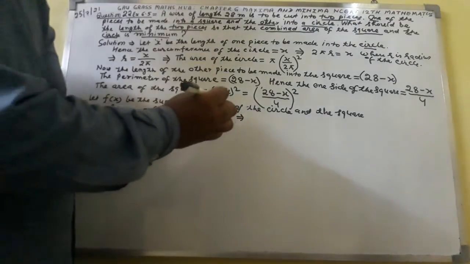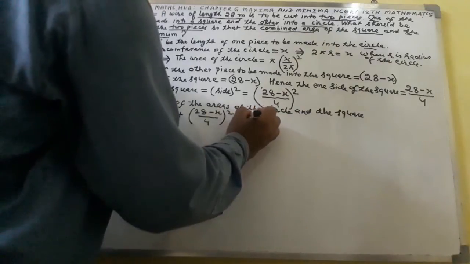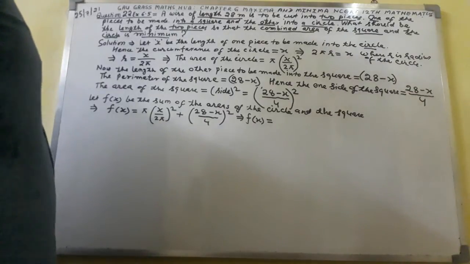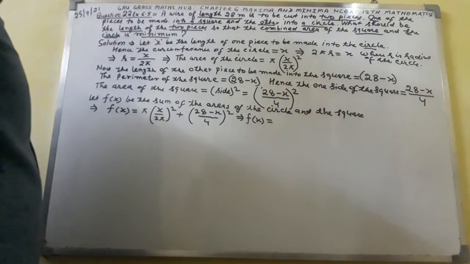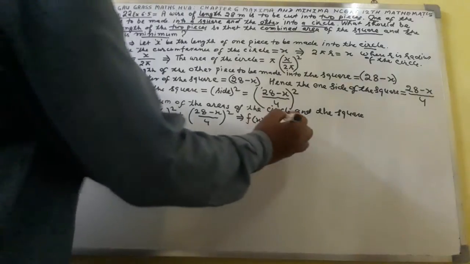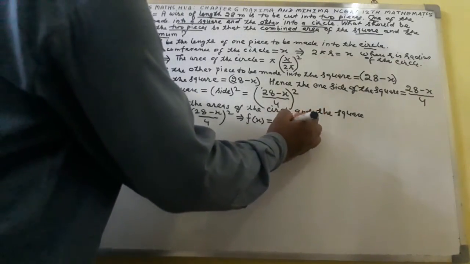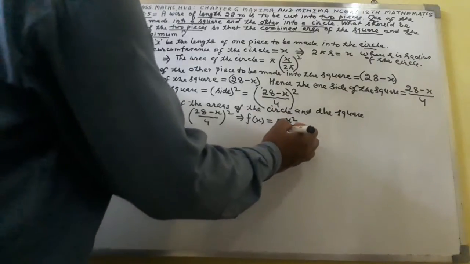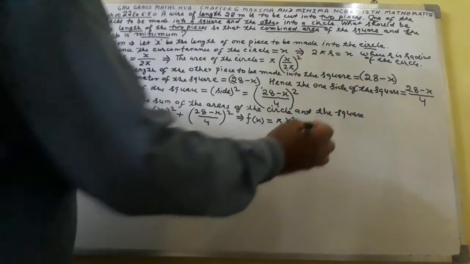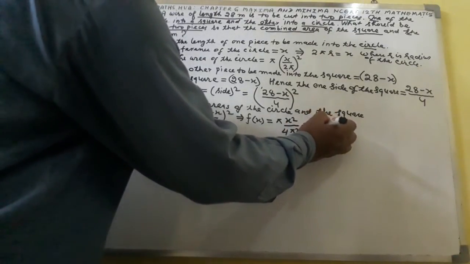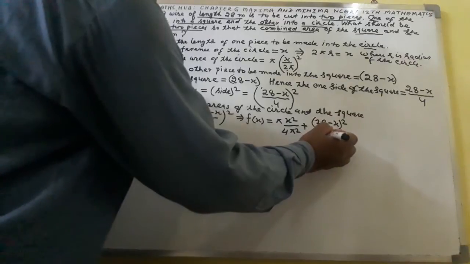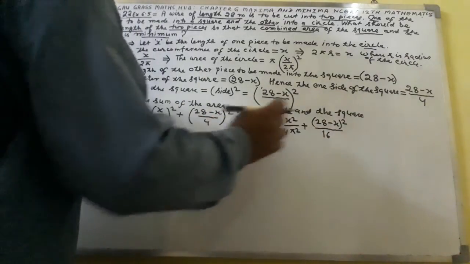This implies f of x equal to pi x square over 4 pi square, plus 28 minus x whole square over 4 into 4. Here 4 square comes out to be 16.